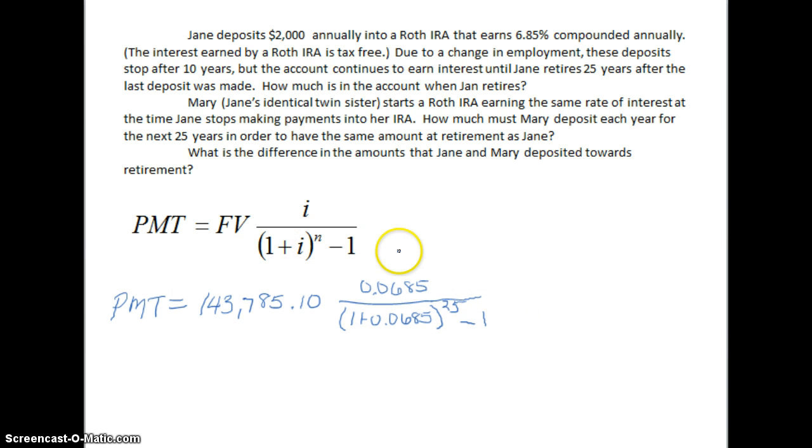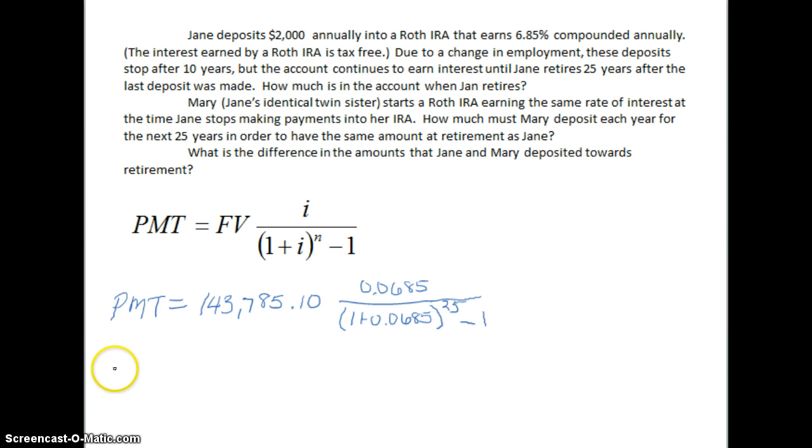Again, I'm going to have this calculation done on my graphing calculator. So I can type this fractional part in, just be careful with your parentheses, so 0.0685 divided by, and then put this whole denominator in parentheses, so you're dividing by all of it. So I'll put 1.0685 to the 25th power minus 1, and then end my parenthesis out here, and then take that answer times this amount.